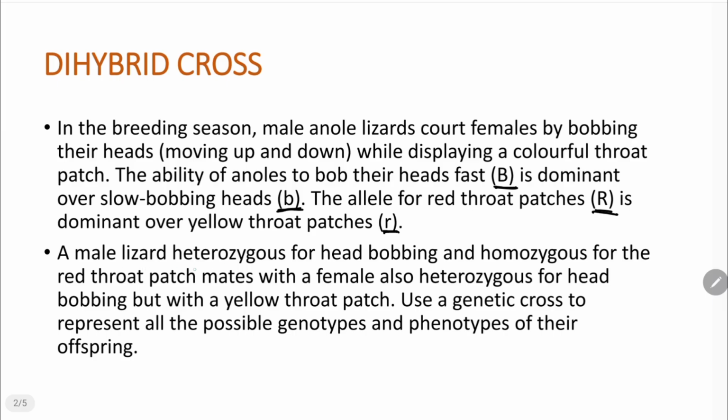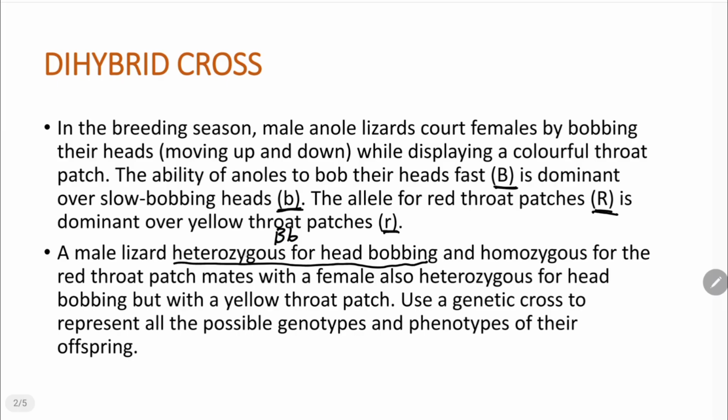Now, a male lizard, heterozygous for head bobbing. So if this male lizard is said to be heterozygous for head bobbing, it can only be capital letter B, small letter b. Now, again, since we're dealing with a genotype containing a capital letter and a small letter, the capital letter here will always win, right?